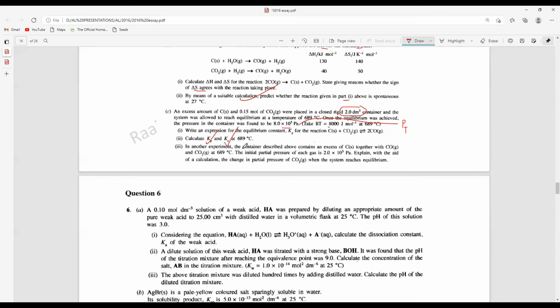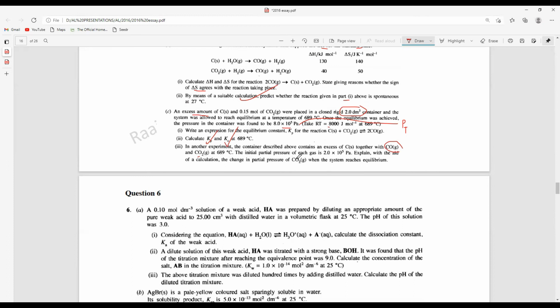In another experiment, the container described above contains an excess of carbon. So here also they have used excess carbon together with CO and CO2. Initially in the reaction above, they used 0.15 moles of CO2 only with excess carbon, but here they are manipulating it a little bit, and they have used CO and CO2.